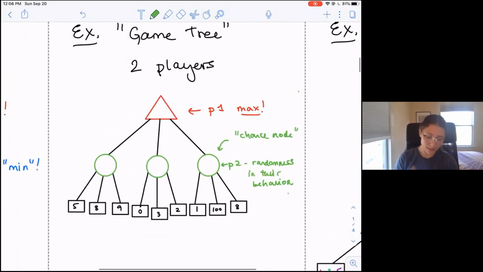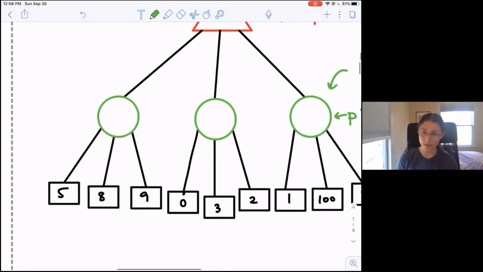And so typically when you see diagrams like this, unless otherwise specified, the probability of, for example, the agent here taking this action or this action or this action is often uniform. This means that since there's 3 leaf nodes, then the probability of 5 occurring is 1/3, of 8 occurring is 1/3, and 9 occurring is 1/3.